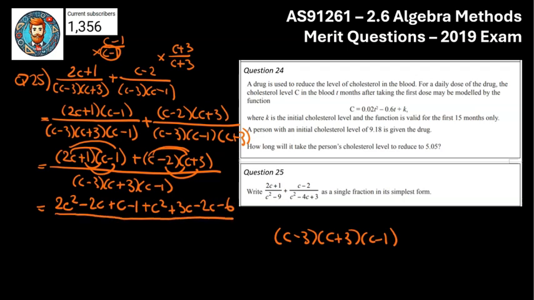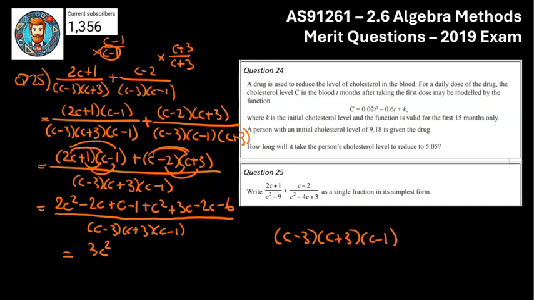And all of that is over my denominator, which is unchanged, (c minus 3)(c plus 3)(c minus 1). Okay, so I now need to simplify all of this mess. It's going to get a bit tricky, so we just got to manage everything properly. So c squareds go first, so that plus that, we're going to have 3c squared, right? So we've got 3c squared.